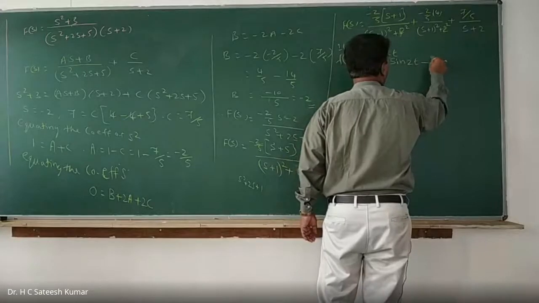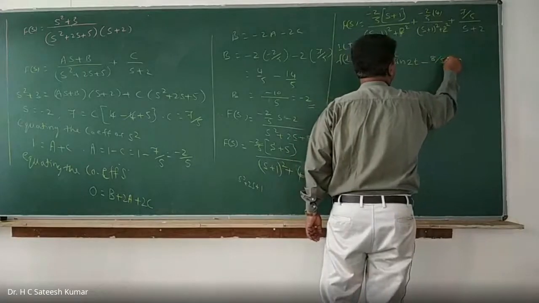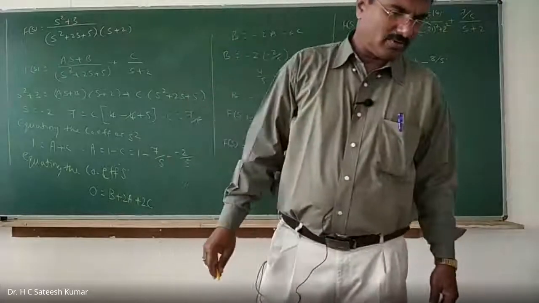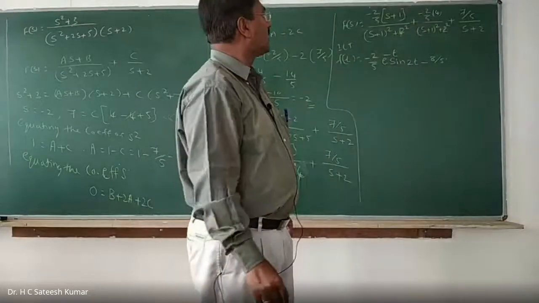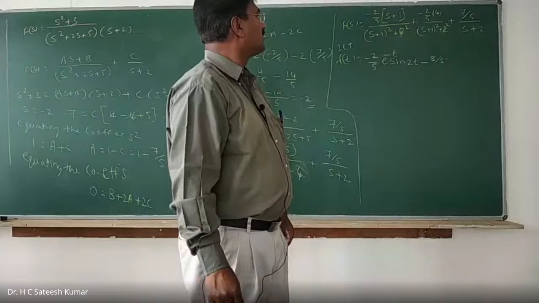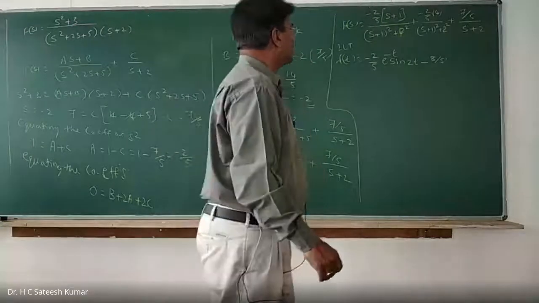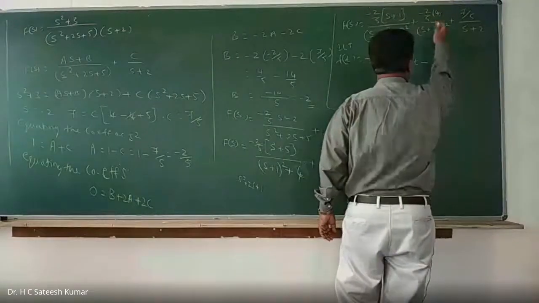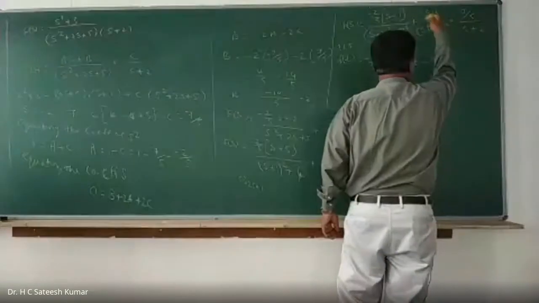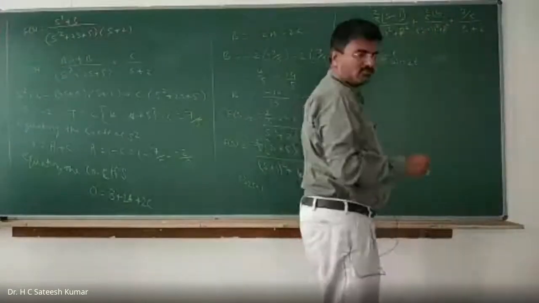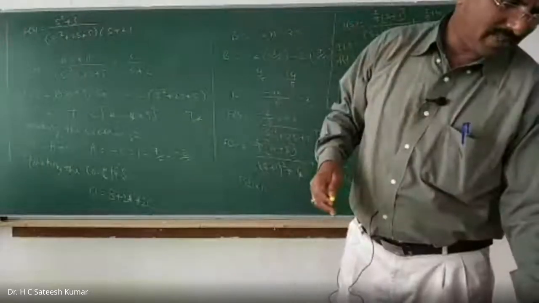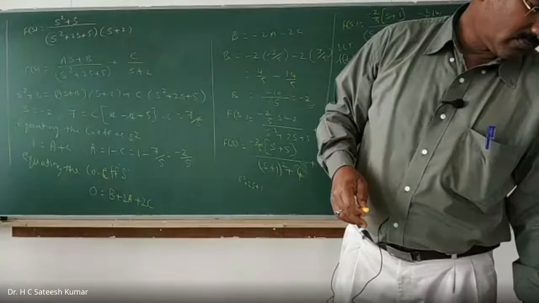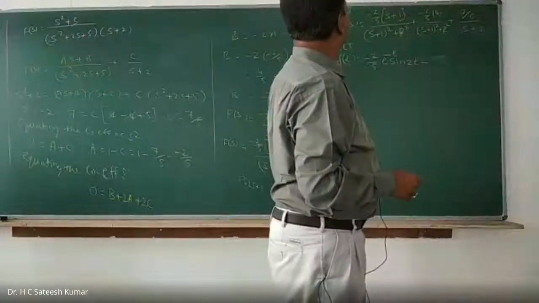Minus 8 by 5 into 1 over s plus a whole square. Omega is also required. Okay, so you take this 2 here. We have one formula: s plus a divided by s plus a whole square plus omega square.